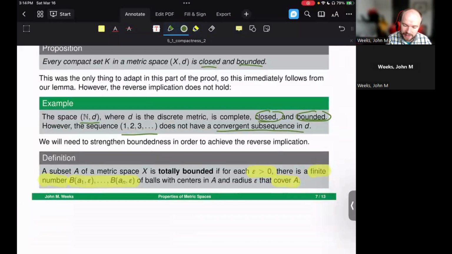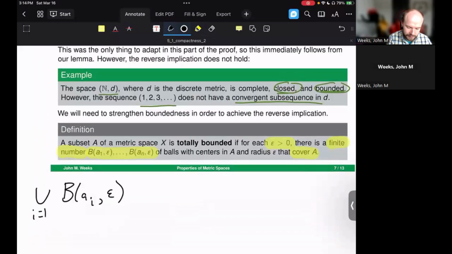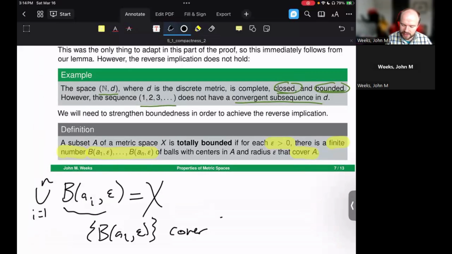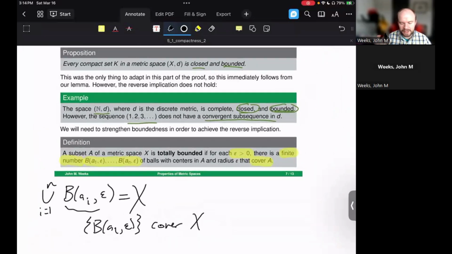When I say cover here, I mean that you could take a union of each of these sets, union these as i goes from 1 to n, and say that that's equal to the entire space X. This would mean that the set of all of these balls cover the set X. So the union is equal to it. And typically it's okay if even this is a containment relationship, if the union of the balls contains X. But because these balls are contained within X, this is just good enough for us here.